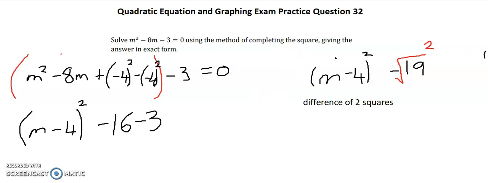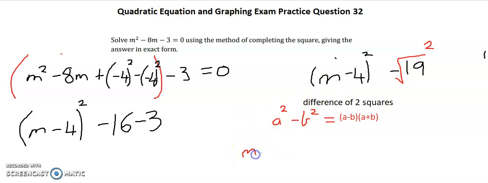Now, if we remember the rule is when we've got a squared minus b squared, it is equal to a minus b in brackets and a plus b in brackets. So that's what we are going to be doing. So my a is m minus 4.